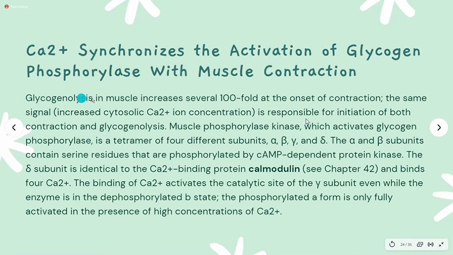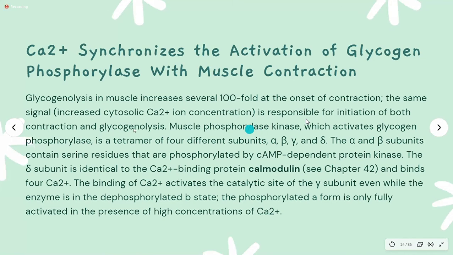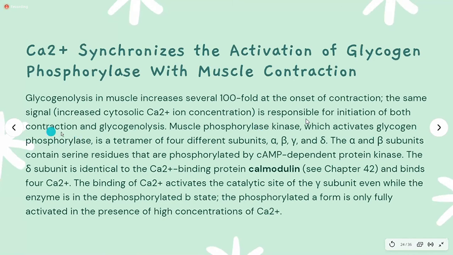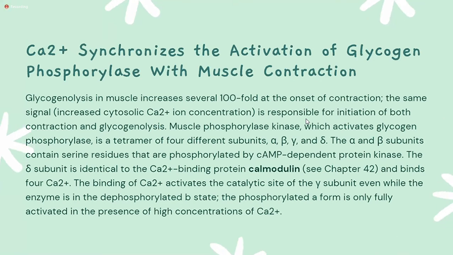Breakdown of glycogen in the muscle increases at the onset of contraction. The same signal is increased calcium concentration. It is responsible for the initiation of both contraction of the muscle and glycogenolysis, breakdown of glycogen. Naturally, because you need energy. So you have to break down the glycogen.